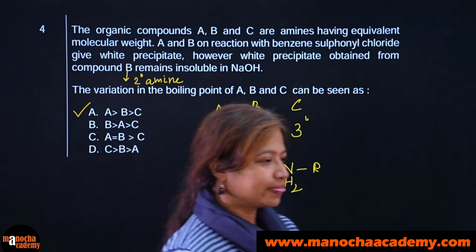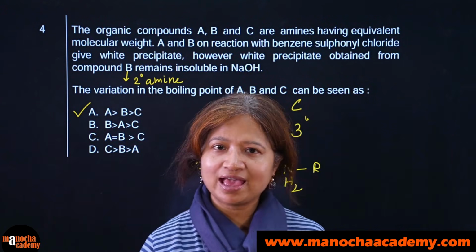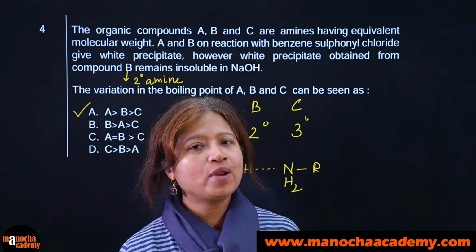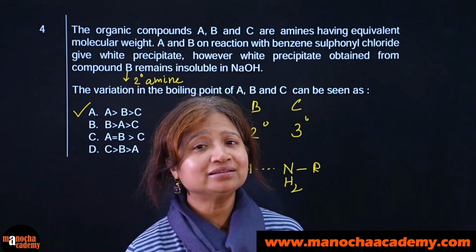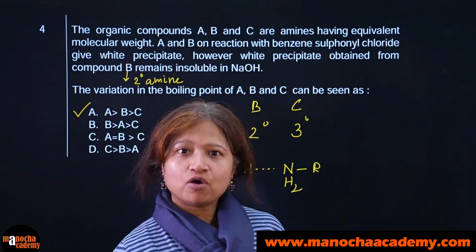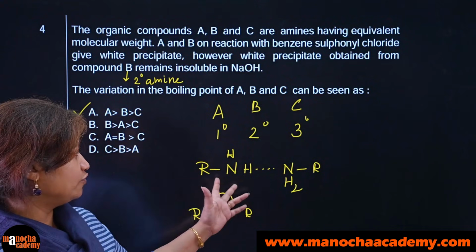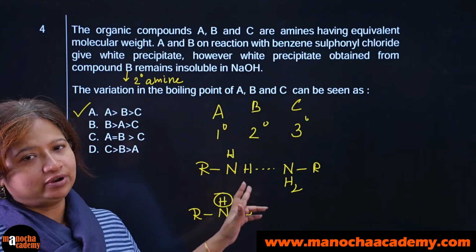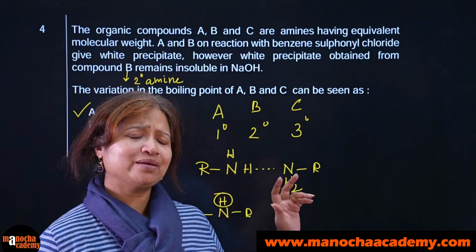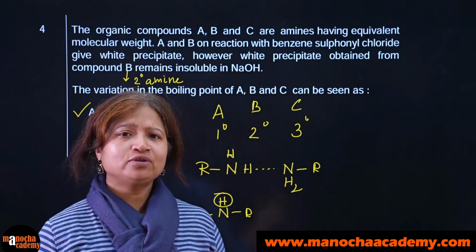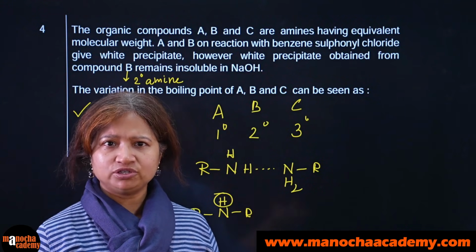Is it okay? So there are two things we have here. First of all, we know the more the branching, the lesser the boiling point. That is of course applicable, and doing that you can answer. Besides that, you can also think of the intermolecular hydrogen bonding. If the question comes not in MCQ format but as give reason, then you have to give two reasons. One is the more branching reason.